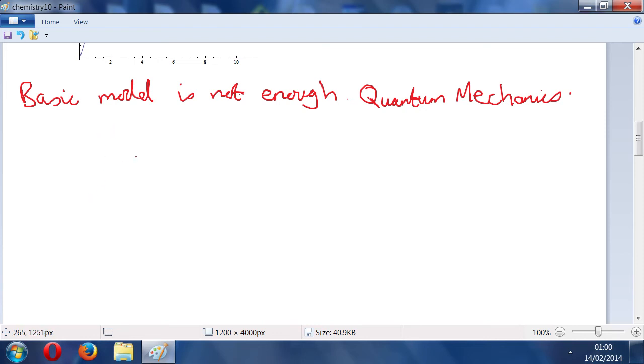A good way to get into this sort of thing, I'll just have to try and invent something here. Say you've got a spinning top like this, and then you can imagine a sort of table here, and then there's the reflection of it.